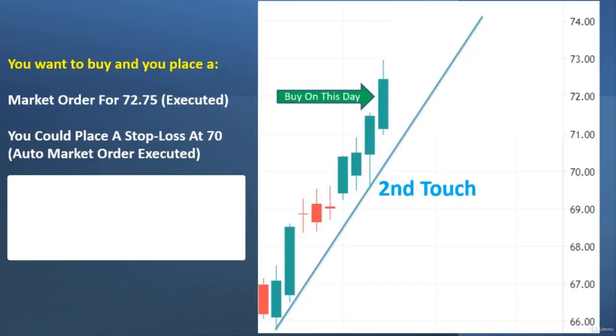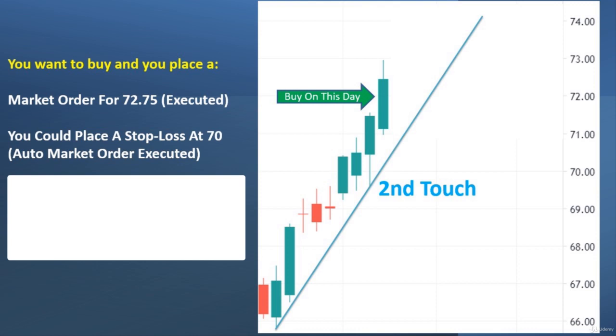So let's say you want to buy a security here. Here we're looking at that upward trend line, and we are going to buy on that day that we've got highlighted. And let's say you end up placing a market order and it's executed for 72.75. So let's say that happened. That's the order you placed. And you could or should place a stop loss or a stop limit at some point as part of this.